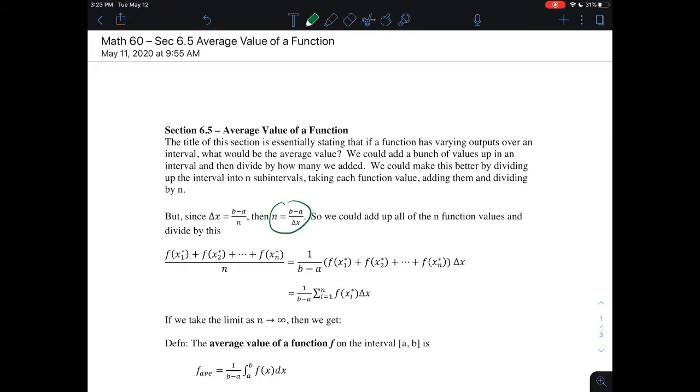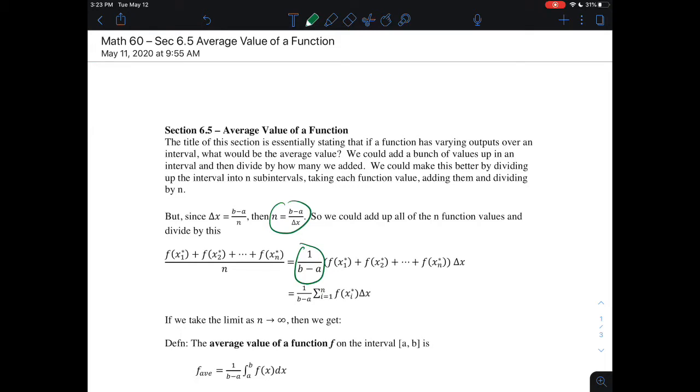The reciprocal of that would have b minus a in the denominator, which means you could write 1 over b minus a times the numerator from the previous fraction, which is the sum of all the function output values, and then delta x would also be in the numerator, and there it is at the end.